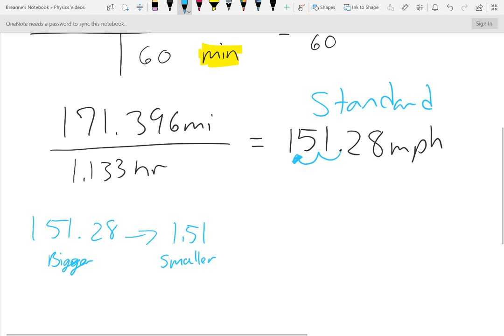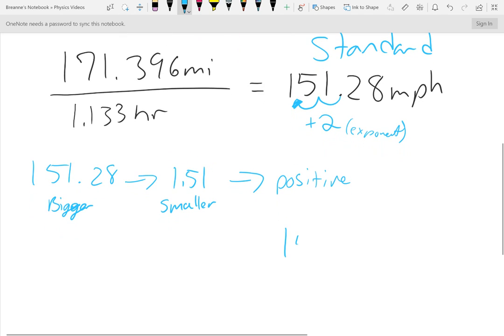So when you're going from a bigger number to a smaller number, that means your exponent is going to be positive. We moved it 1, 2, so it becomes a positive 2. Remember, that is an exponent. So our answer becomes 1.51 times 10 to the positive 2 miles per hour.